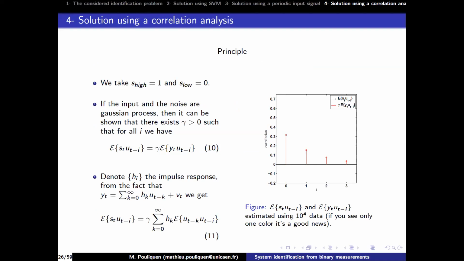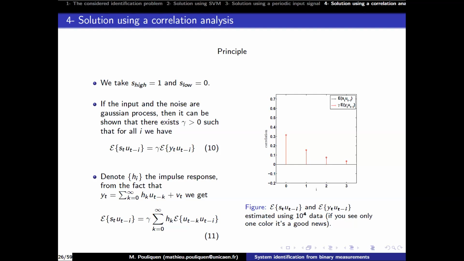As you can see, if we have some good assumption on the input and on the noise, we can show that the cross correlation between S and the input corresponds to the correlation between the real output and the input, with gamma term, normalization term.